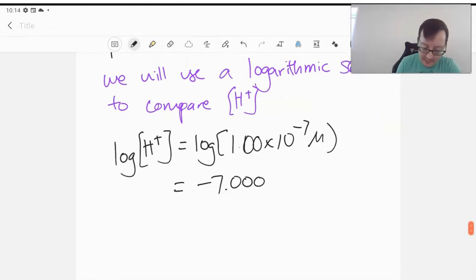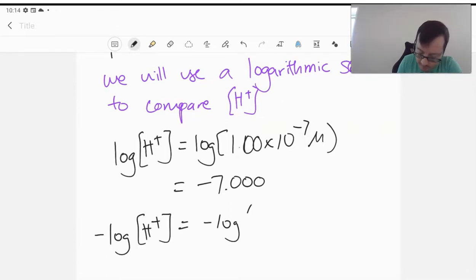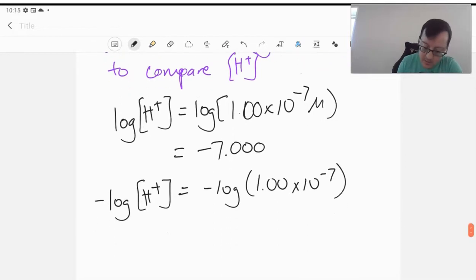We're going to take the negative log of both sides instead. If we do that, logs destroy units, by the way. We get 7 here, positive 7, because we're doing the negative log of it.